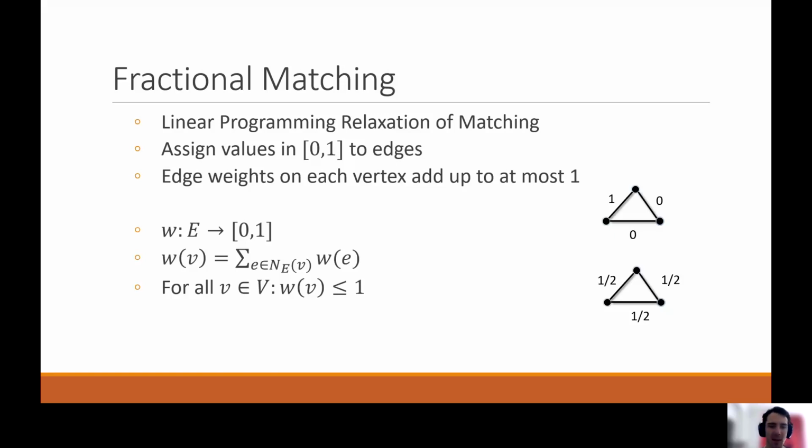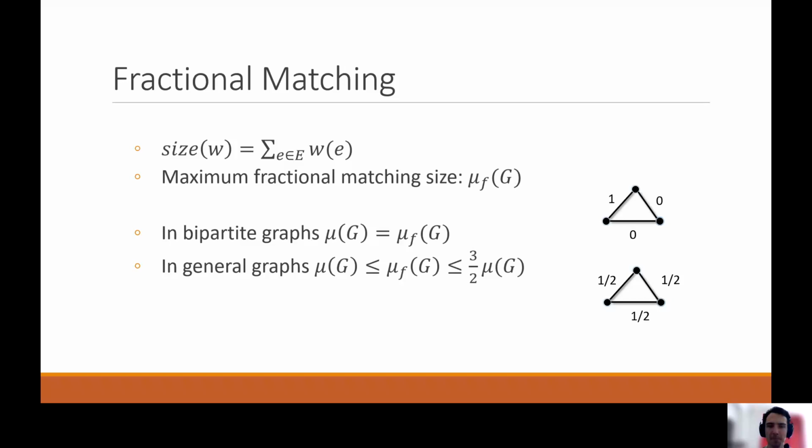But we will expect the same constraint that edges incident on a particular vertex will have weights adding up to at most 1, which is essentially equivalent to vertex disjointness in the case of integral matchings. We will refer to the size of a fractional matching as simply the sum of the weights on its edges. And it's a folklore fact that in bipartite graphs, the size of a fractional matching is the same as the size of an integral matching.